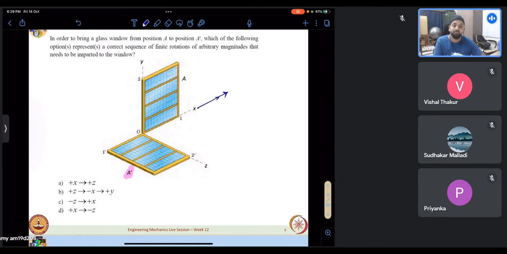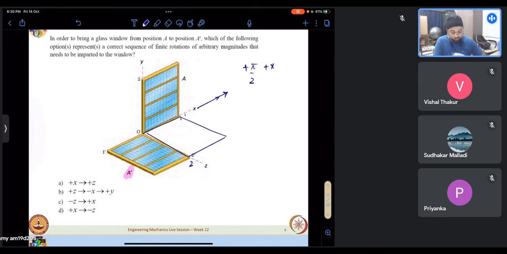Any clues? Let us say I rotate it by plus pi by 2 about positive x. So what happens? The window comes to this configuration. So this becomes my window now, with 0.2 here and 1 over there.